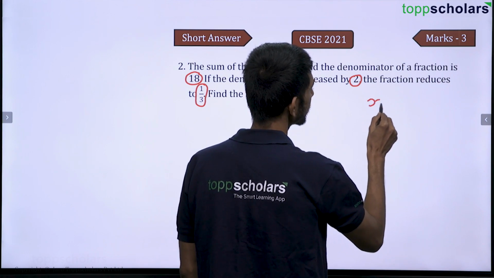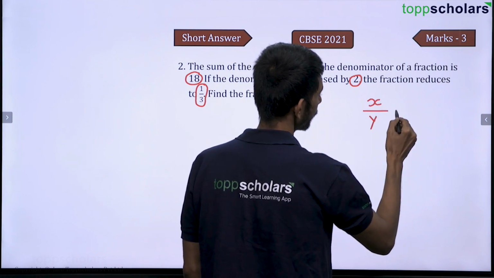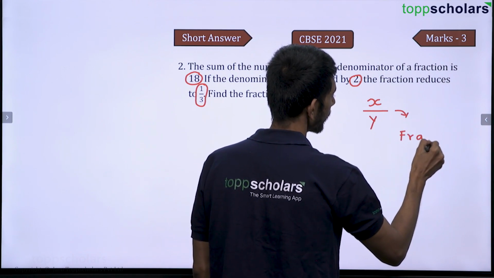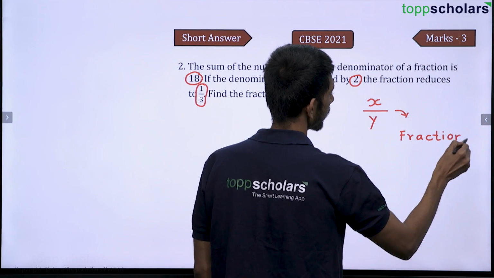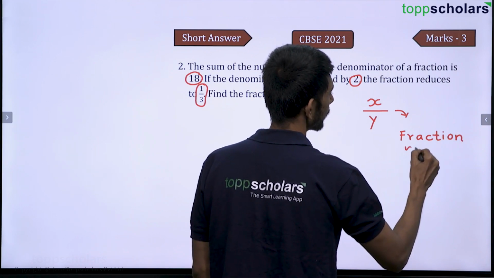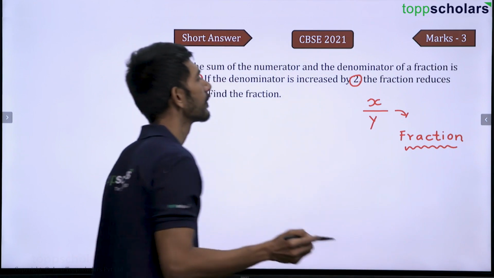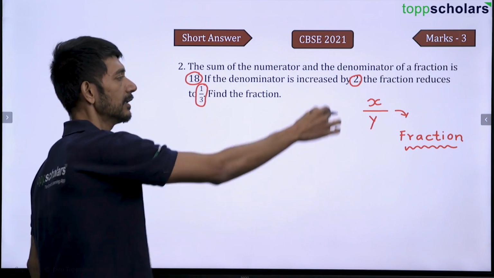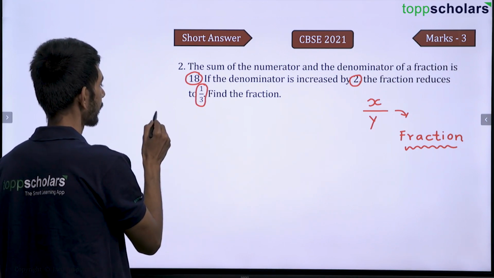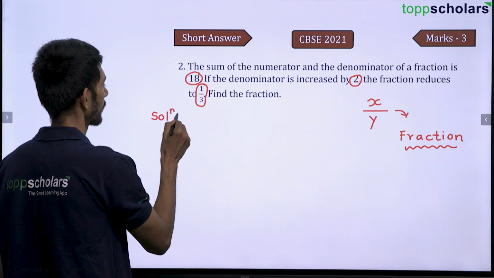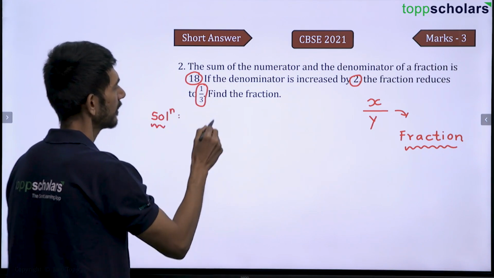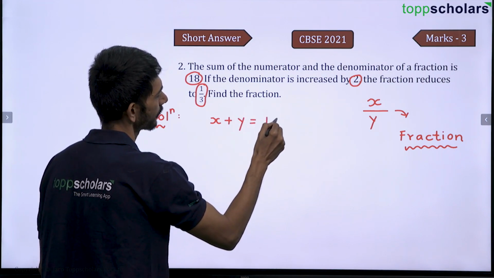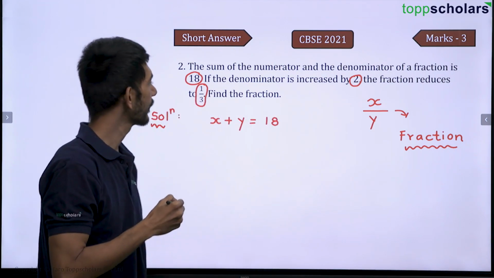Now, if I take the fraction as x by y, so x by y is my fraction, right? The sum of the numerator and the denominator of a fraction is 18, that is x plus y is 18, right?